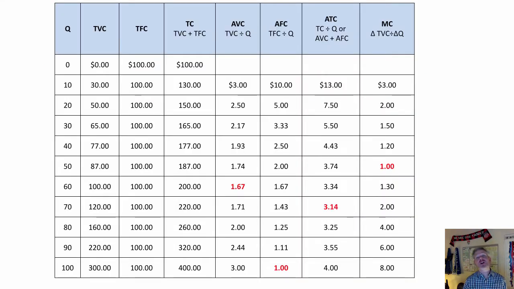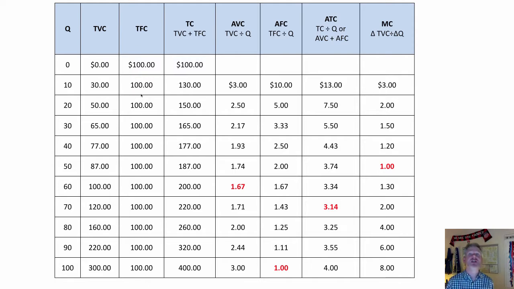This chart shows us the relationship between all of these different costs. I'm going to walk you through it. When we go from 0 of a good to producing 10, our variable costs increase because we had to hire more workers, we had to have more ingredients or raw materials, whatever it was. Our variable inputs increase as Q increases, so our total variable costs have to increase. Notice that our total fixed cost will never increase.